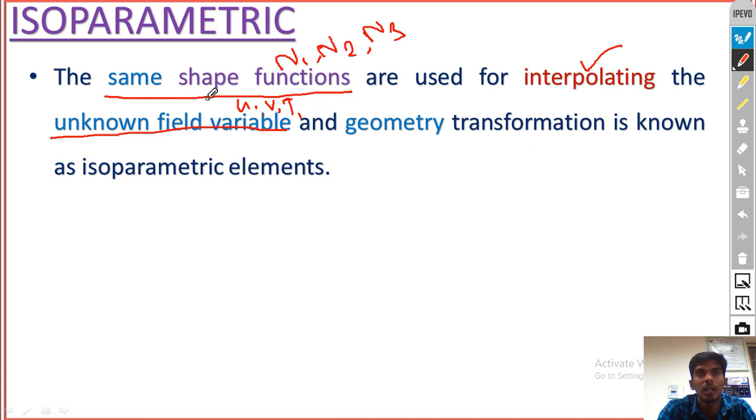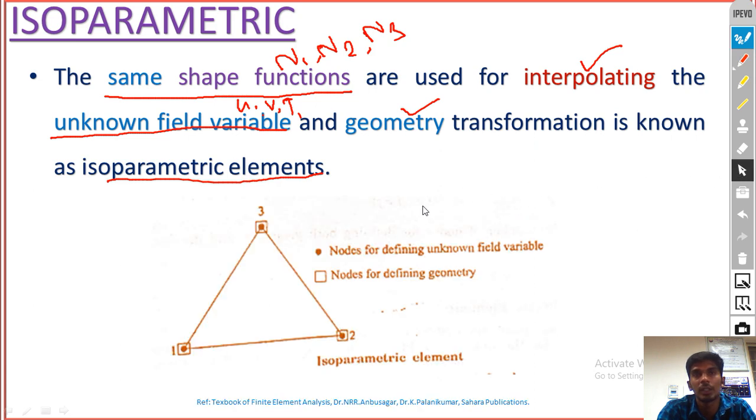If you use the same shape function for interpolation of field variables and for geometry transformation, it is known as an isoparametric element. Now look at the geometric representation.